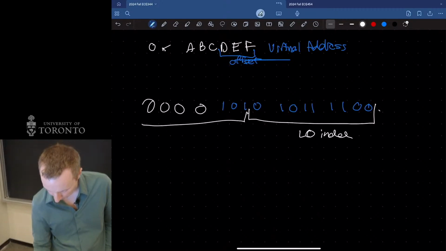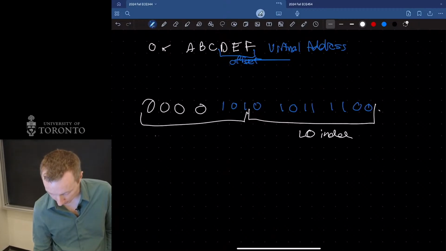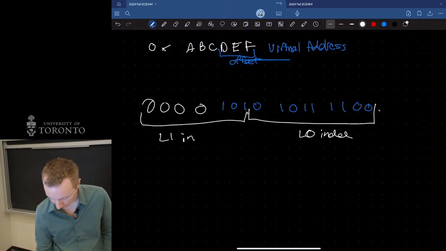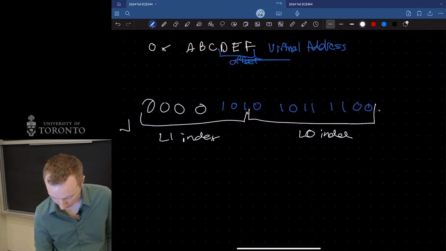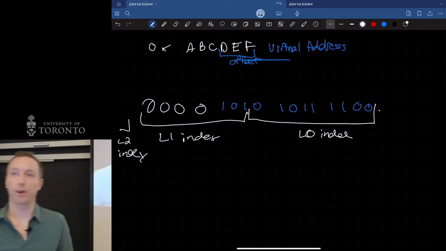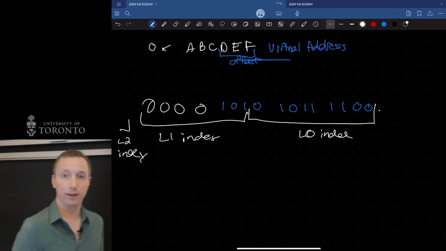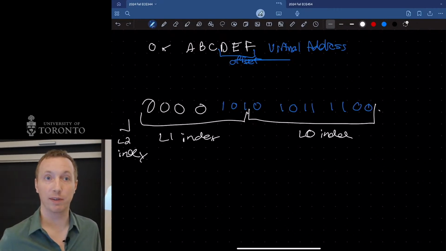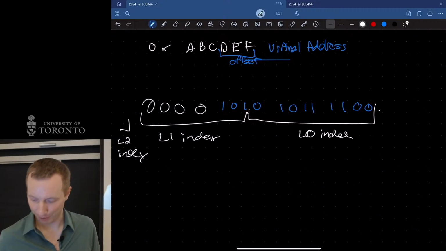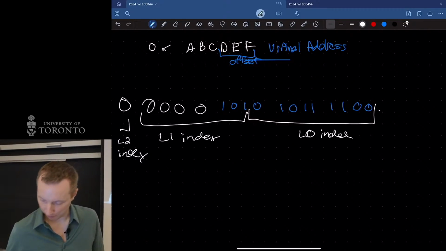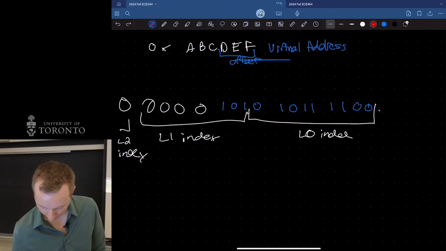The next group of 9 is my L1 index, and then the rest is my L2 index. So what's my L2 index, if it's all leading zeros? 0, right? That would be 0.